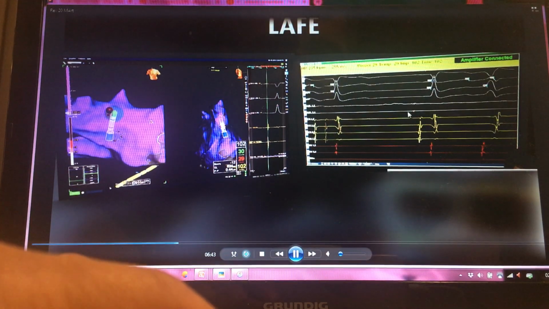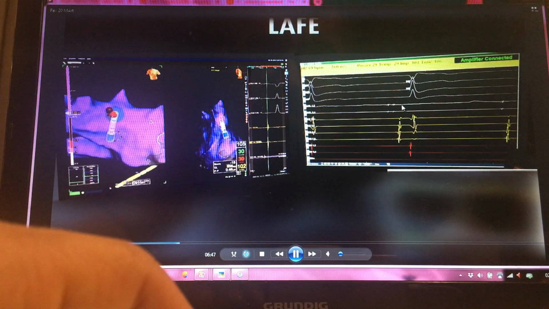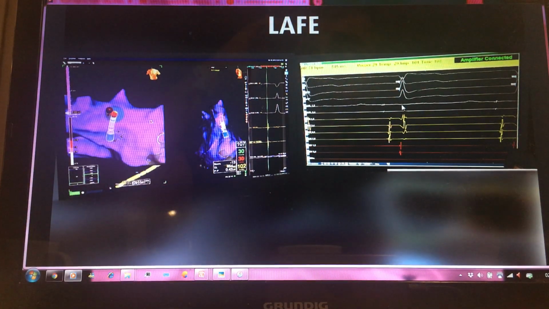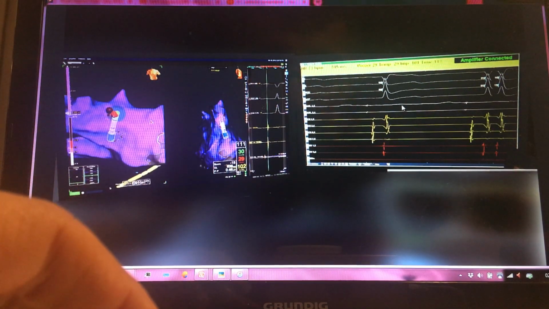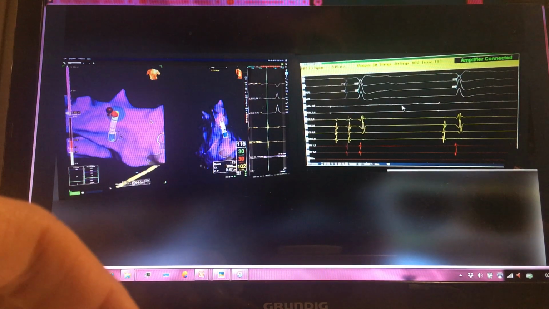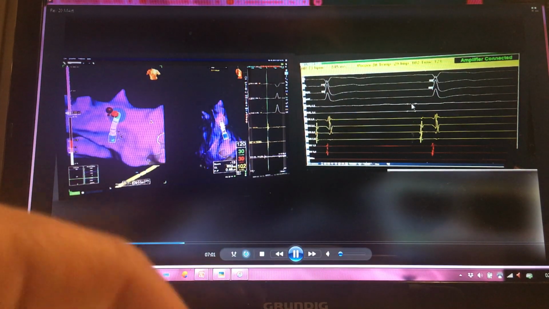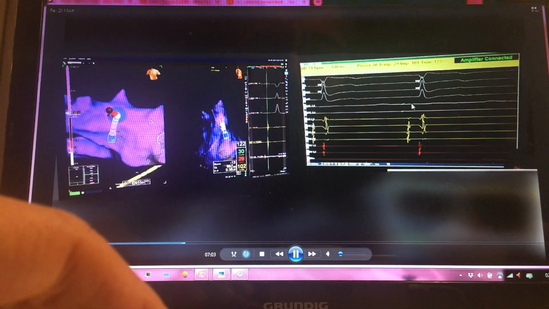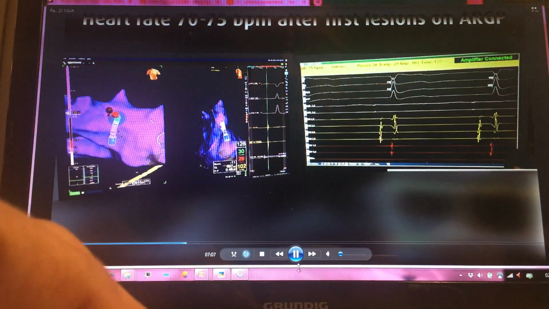You can see low amplitude fragmented electrograms. Now, high amplitude fragmented electrograms on the near side. We try to completely eliminate them.